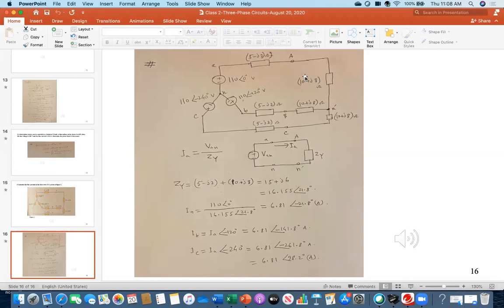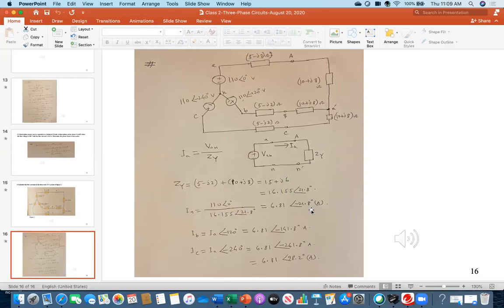Because you have this voltage available between the neutral points, this is that voltage, and this is the total impedance. So how do we get IA? IA is the voltage available, 10 at an angle of 0 degrees, divided by the combined series impedance.